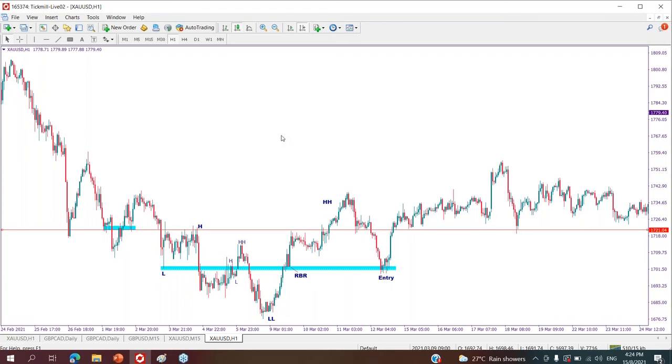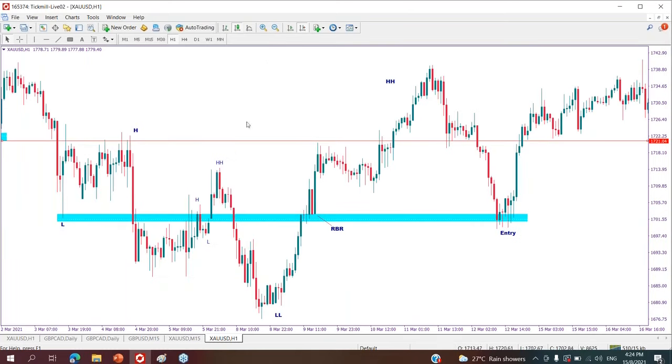Rally-base-rally, yes. I always depend on rally-base-rally. If there's no rally-base-rally, I'm not going to enter, even if the higher time frame formed a bullish engulfing, a very big, beautiful bullish engulfing, because this is the entry point. This is a very, very good entry point.